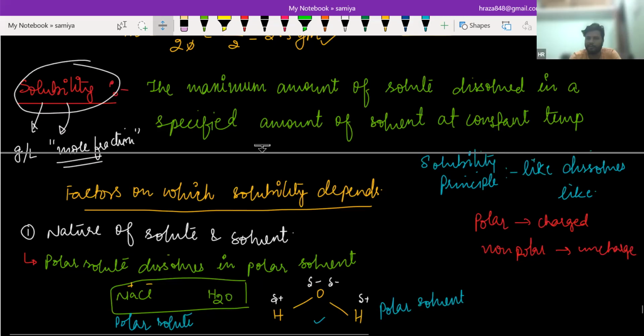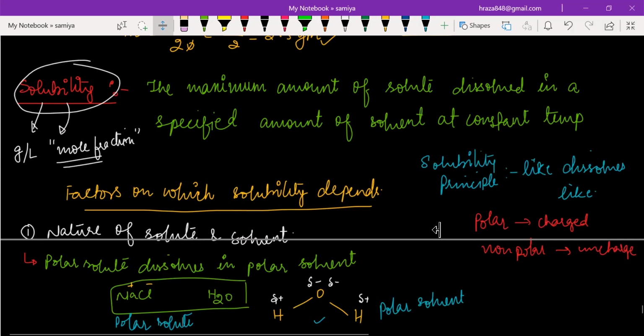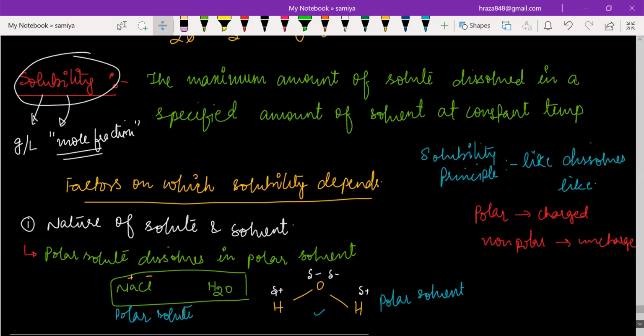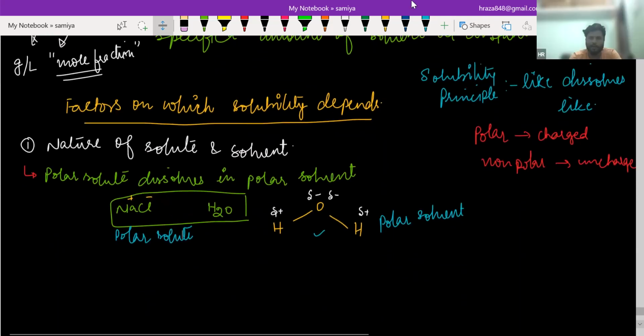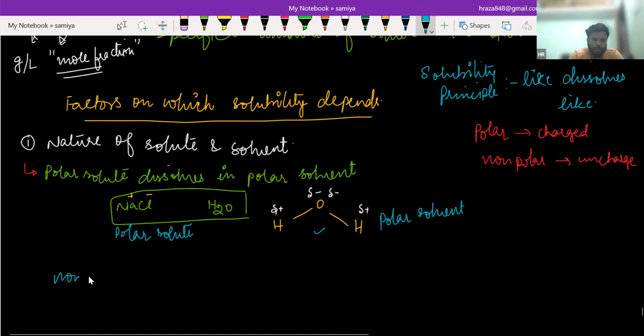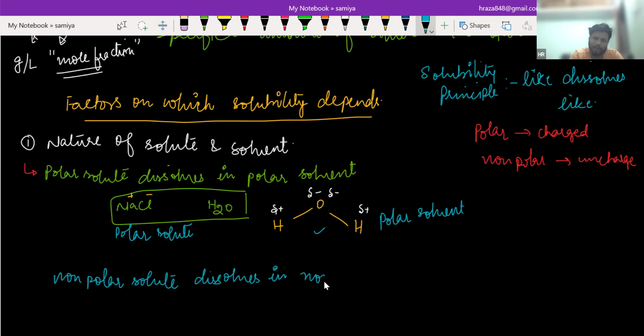Have you written the definition of solubility, Madiha? Yes, sir. Okay. So the next point is that non-polar solute dissolves in non-polar solvent. And also see, CCl4, which is non-polar, will be soluble in benzene, that is C6H6.